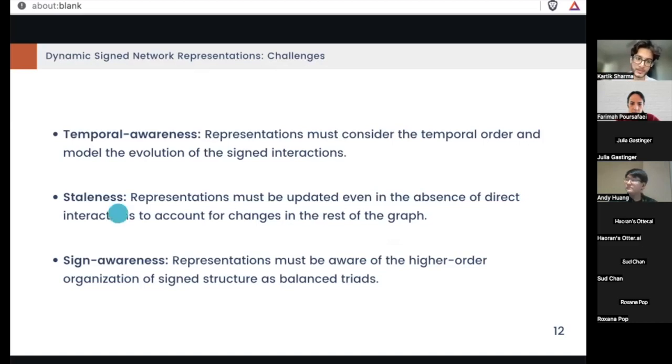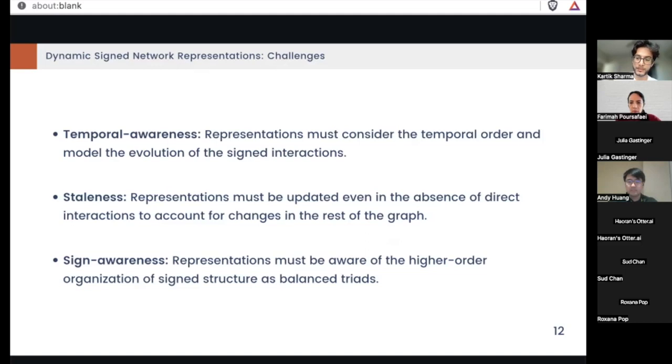But staleness is a slightly different concept. I think it comes more out of how these representations are implemented. If an interaction happens, not the whole graph, not all the node embeddings would be changed, but only the embeddings of the endpoints would be changed, right?